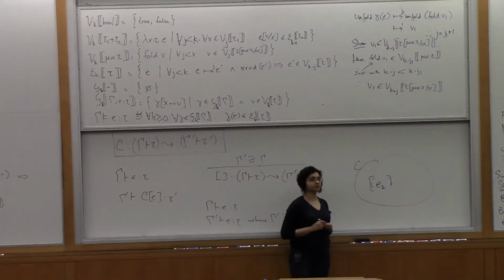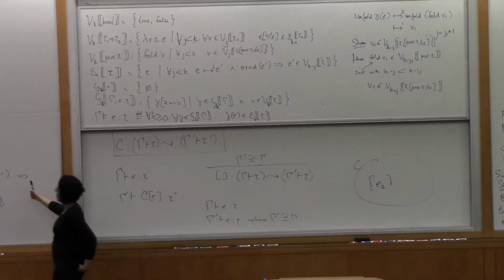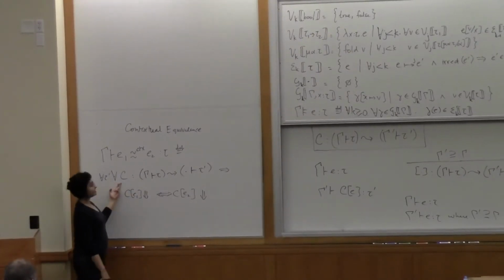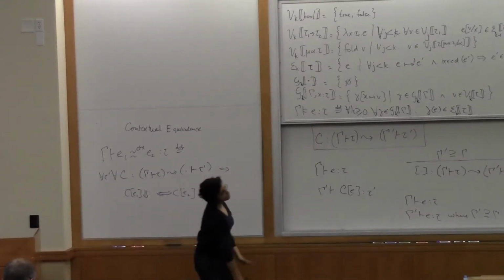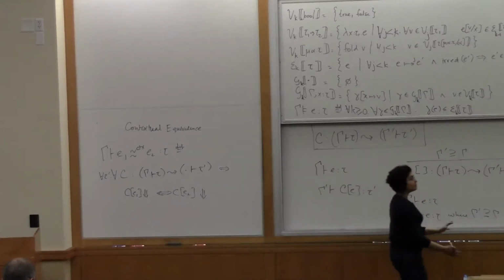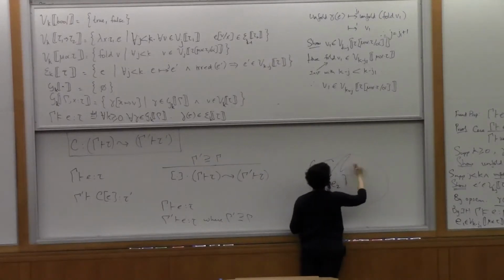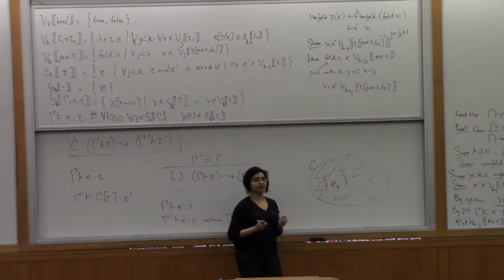Okay. But now the problem with this formal standard definition of contextual equivalence is precisely this for all C here, right? This for all C says that regardless of the context that you put E1 or E2 into, regardless of what's out here, in all possible contexts, you can swap E1 with E2.